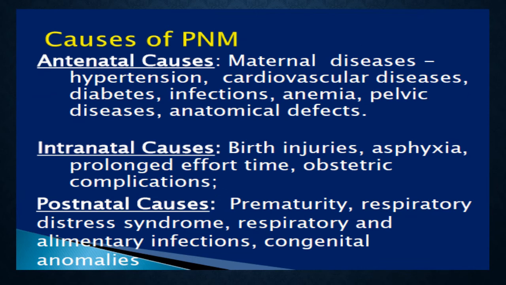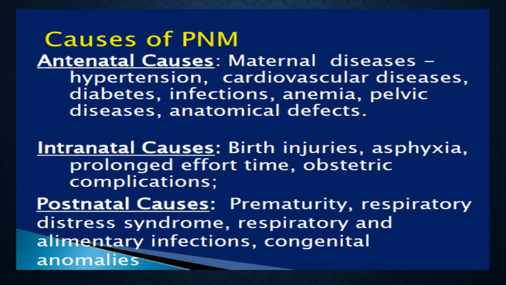What are the causes of perinatal mortality? They may be antenatal, intranatal, or postnatal. It's a very important reflector of the health care in every country. The antenatal causes are mainly maternal diseases like hypertension, cardiovascular disease, diabetes, infections, anemia, or any other disease in the mother. While the intranatal causes are mainly birth injuries, asphyxia, prolonged labor, and obstetric complications.